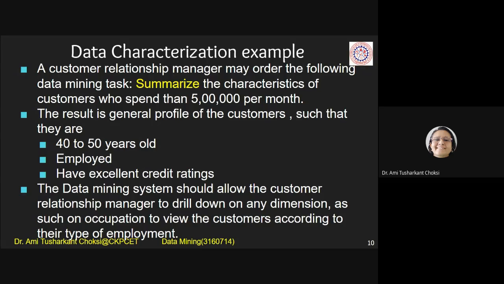Is he having a government job? Is he having a private job? What sort of things in detail, that person's detail we should be able to have, right? We means me, the customer relationship manager, right?